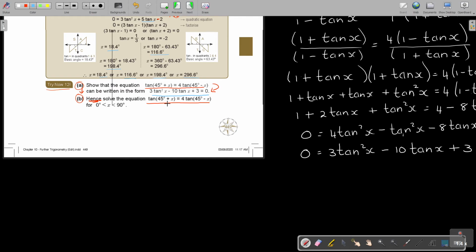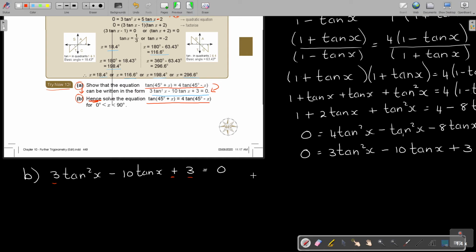Okay, so basically, I'm just going to say number B. I can basically just say I'm taking that 3 tan square x minus 10 tan x plus 3, and that is equal to 0. And I'm going to factorize. Okay, now it's group A, so it's 3 and 3.